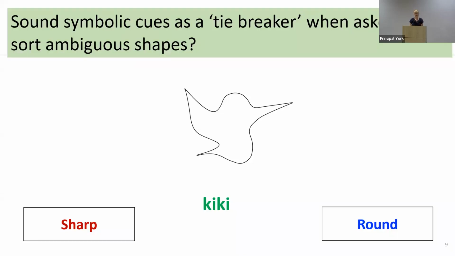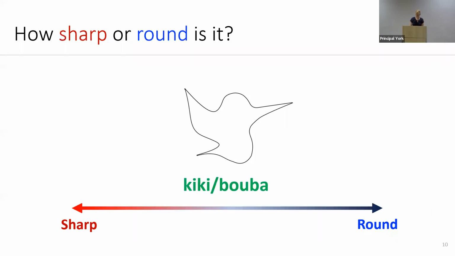So there's this intuition that sound symbolic cues can act as a tiebreaker. When you're faced with an ambiguous stimulus of some kind and have to choose between two separate categories, then sound symbolism could nudge you in one direction versus the other.